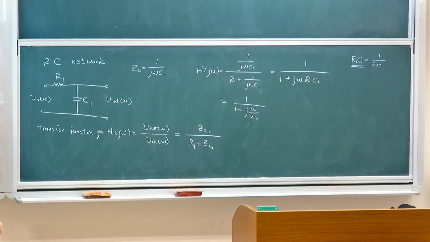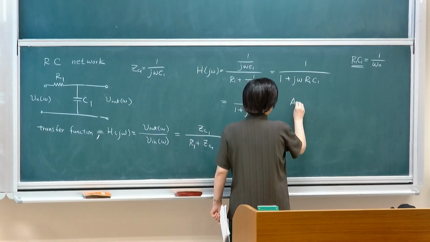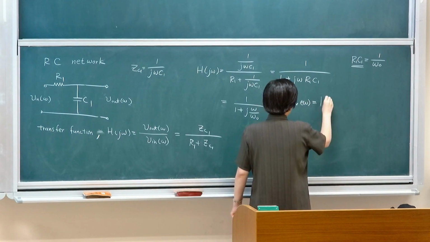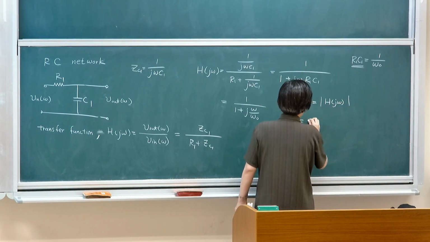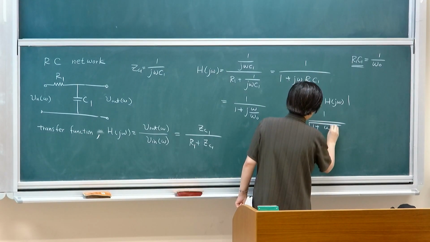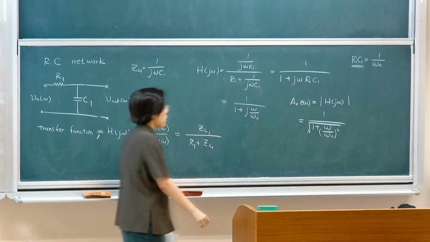Okay? So this is the transfer function. It is a complex number, and if you want to get its absolute value, the voltage gain as a function of frequency is the magnitude of your transfer function. So the magnitude will be 1 over the square root of 1 plus omega over omega 0 squared. This is just math. Okay?